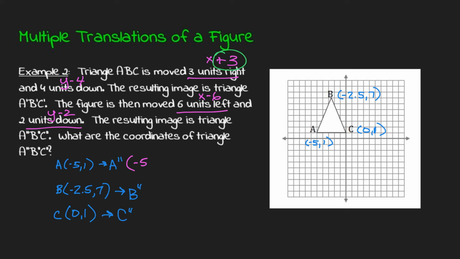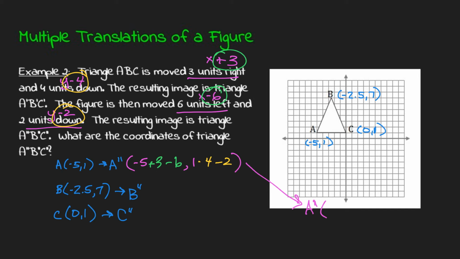So to the right 3 means add 3 to that, and then we went left 6, so subtract 6. And then the y coordinate was 1, and its movement was down 4 first, so -4, and then down 2, so -2.